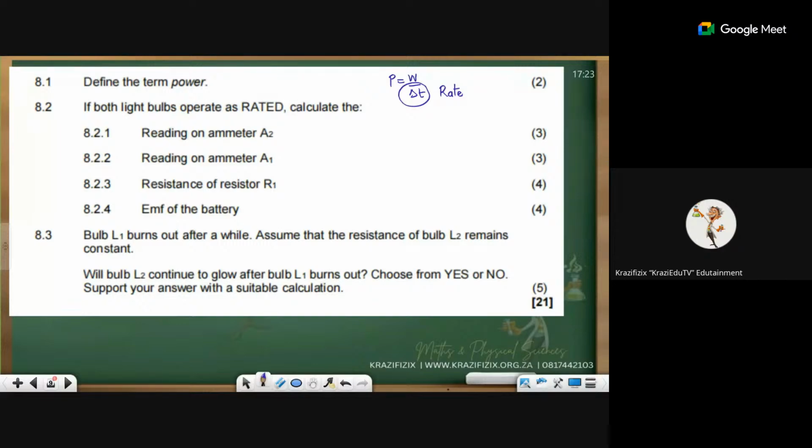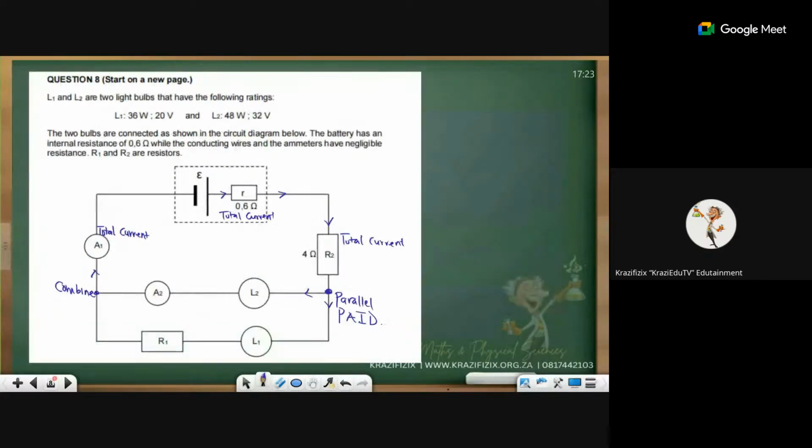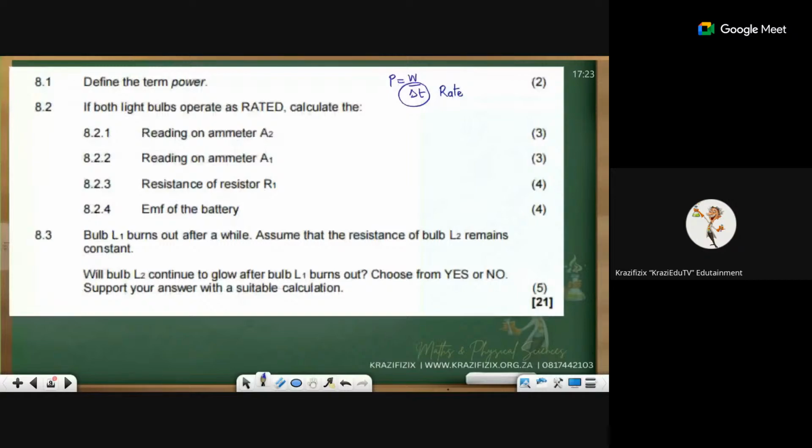Okay, if the two light bulbs operate as rated, calculate the reading on A2 and the reading on A1. Let's look at those two. What do I know about A2? But there's something they told us about the light bulbs.